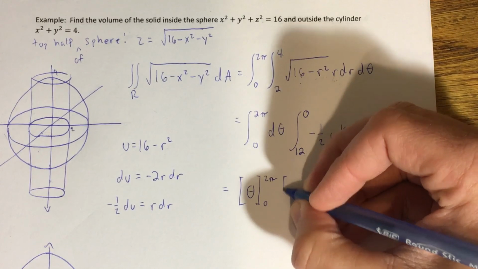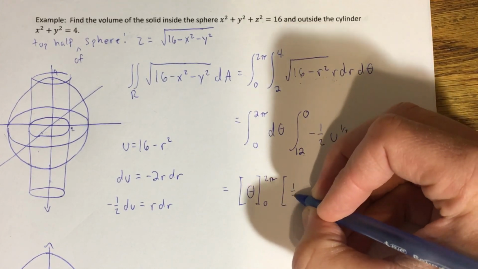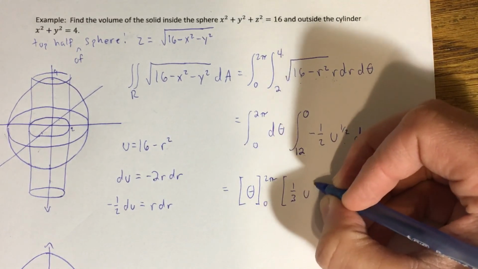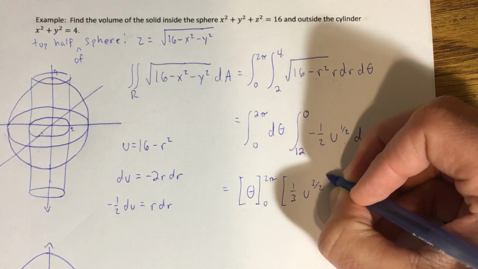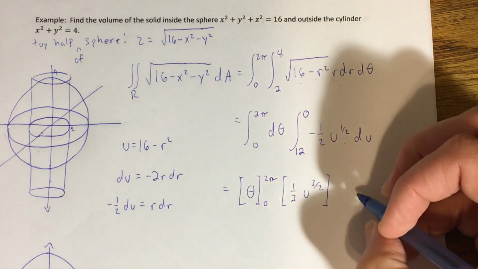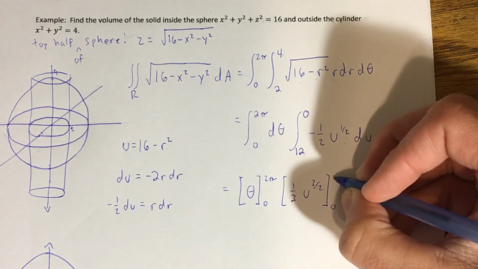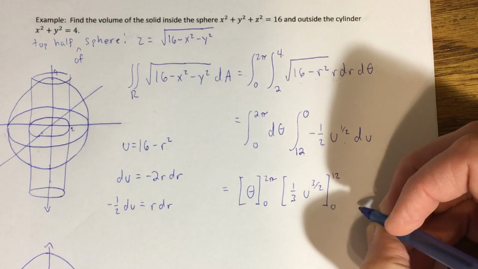So I should end up with 1/3 u to the 3/2 power, and I used the negative to switch the order of these limits, 0 to 12.